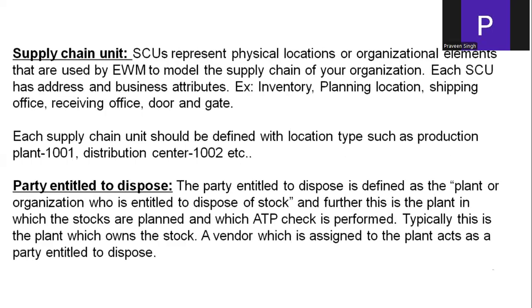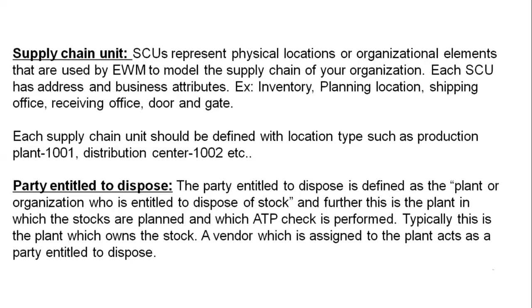So basically, it's a supply chain unit. It's physical locations or organizations, which are used to model the supply chain of your organization. For example, a particular good came from a plant, which needs to be stored in the warehouse. And we also need to make sure where that good has to go or be delivered. For that, we have a model in EWM.